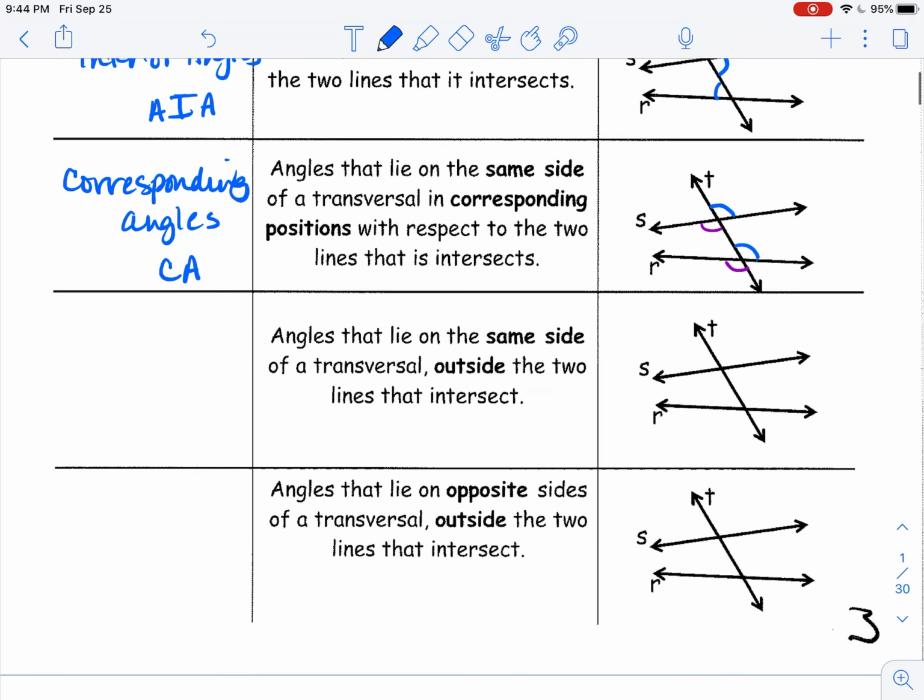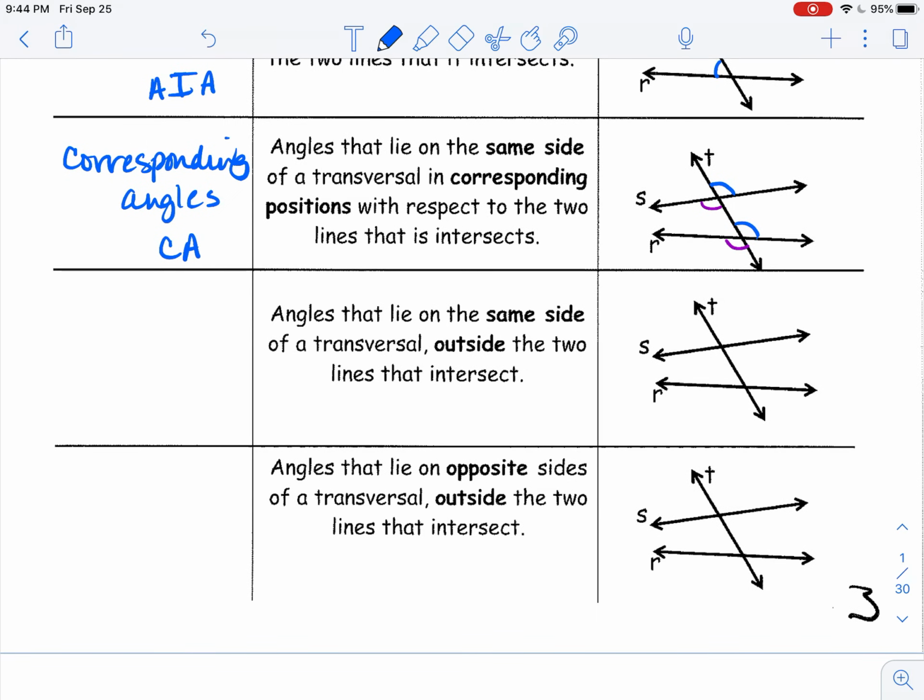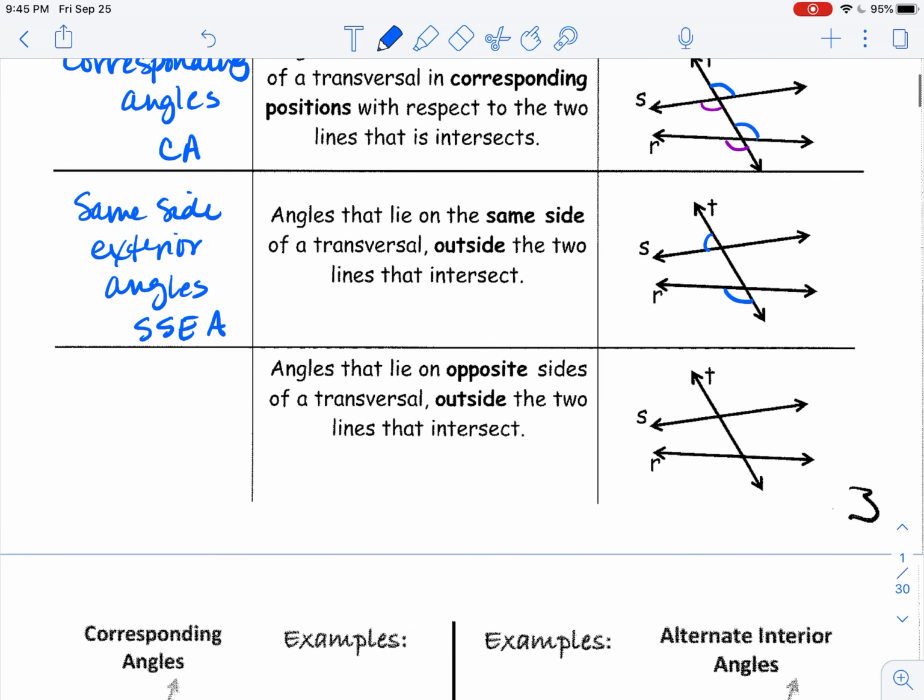Angles that are on the same side of a transversal outside the two lines, such as these. This is the interior, so these are outside. These are called same side exterior angles. And then the last vocabulary are angles that lie on opposite sides of a transversal outside the two lines.